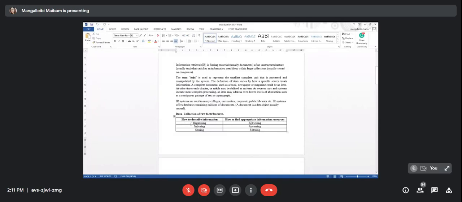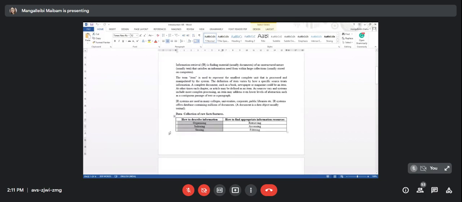Initially, just see the left column for organizing the data. We will organize the data and then retrieve it. Indexing and storing can be done for describing the information, that is, how to store the information.